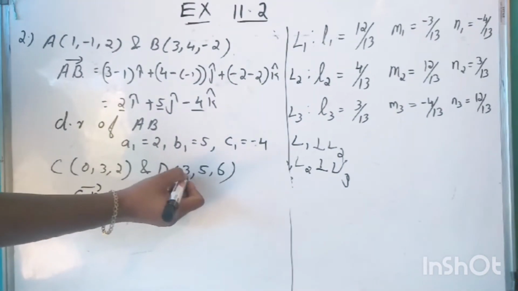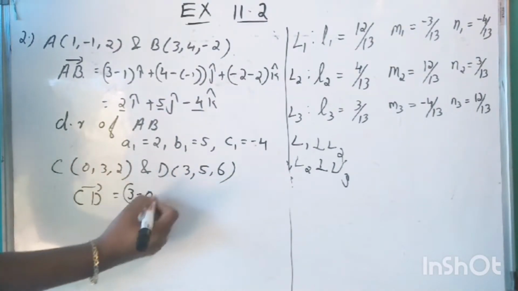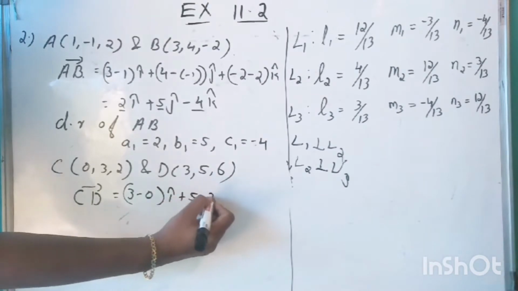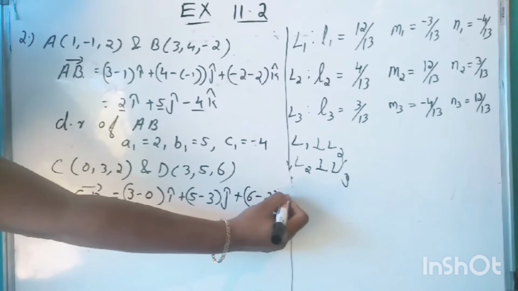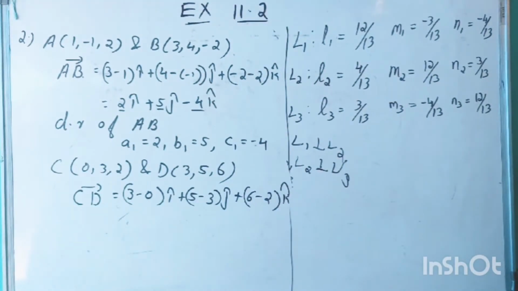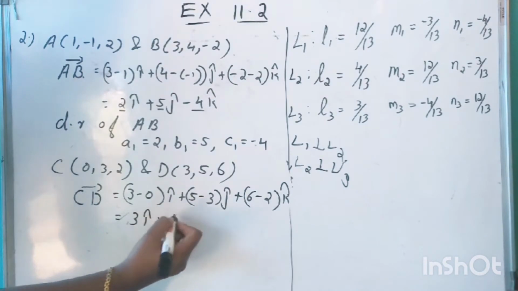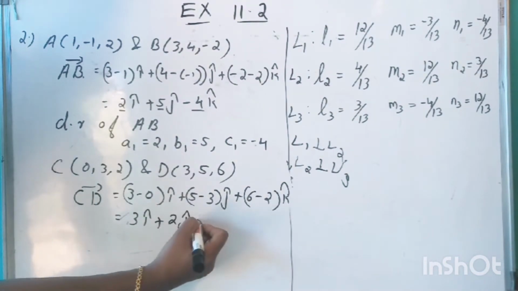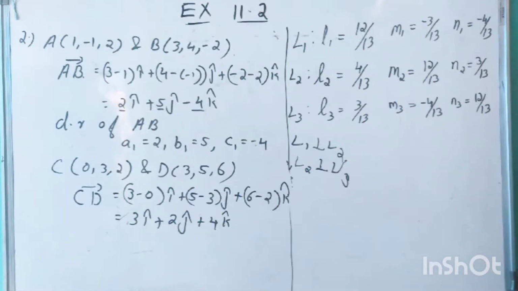This is the x coordinate of D minus the x coordinate of C, that is 3 minus 0, i, plus 5 minus 3, j, plus 6 minus 2, k. And that is equal to 3i cap plus 2j cap plus 4k cap.